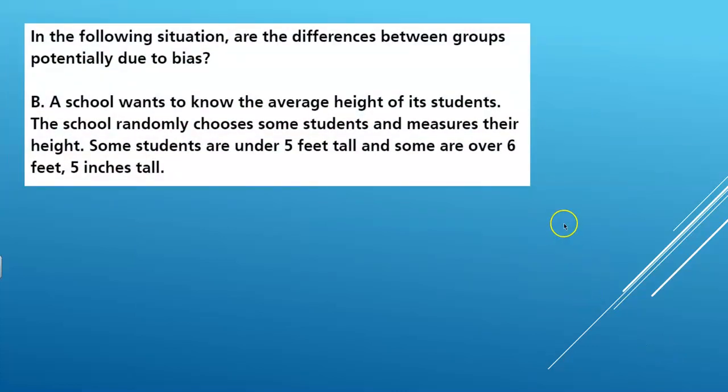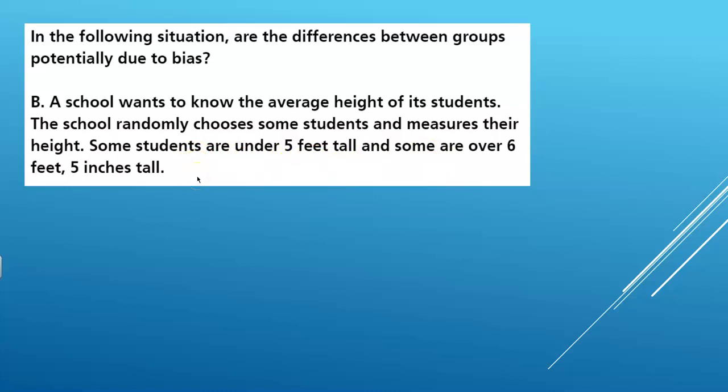So let's look at these situations and let's see if the difference between the groups is due to bias. A school wants to know the average height of its students. The school randomly chooses some students and measures their height. Some students are under 5 feet tall and some are over 6 foot 5 inches tall.